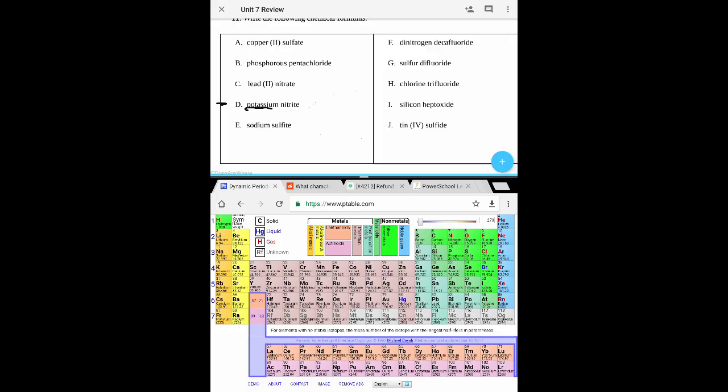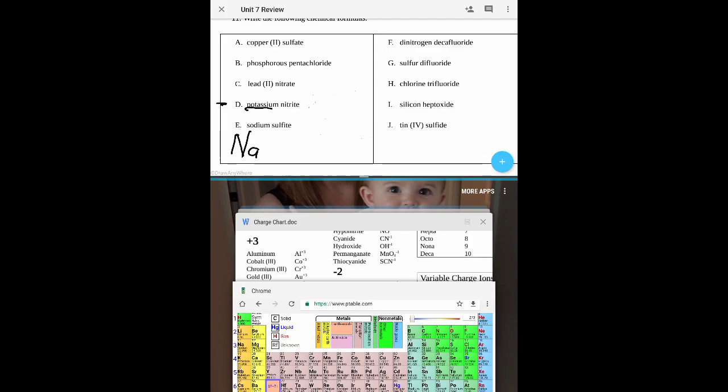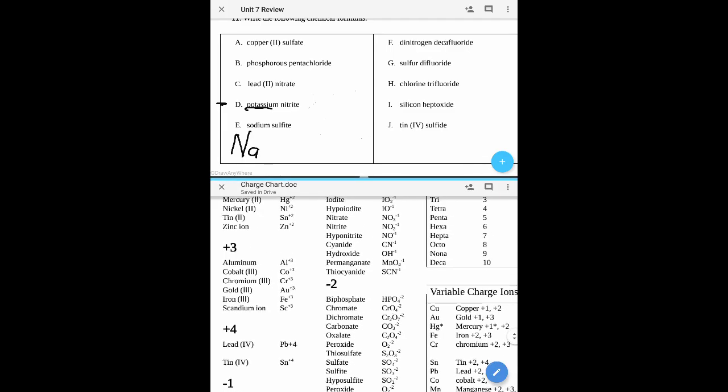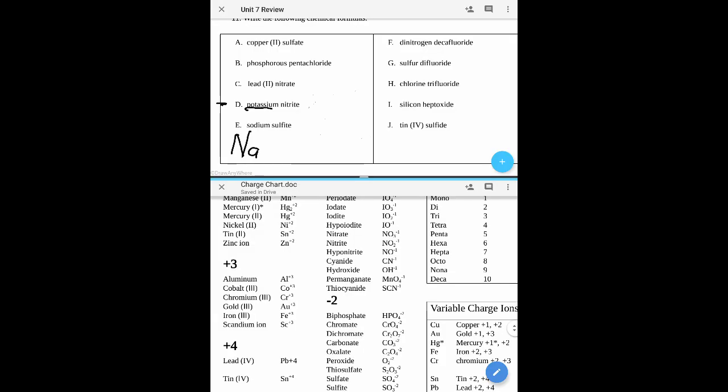Sodium is Na, and sulfite, we look at our charge chart. Sulfite is right at the very bottom: SO3 minus 2.